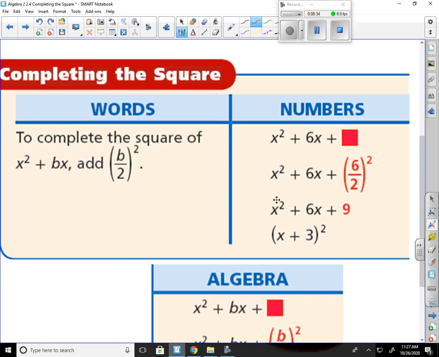Now the x squared is a perfect square. The 9 is a perfect square. I end up with x plus 3 squared. Now it's important to remember that sometimes people struggle to see this. Going from x squared plus 6x plus 9 to x plus 3 squared, whatever you get before you square it, this 6 over 2, that would be 3, is going to end up being the number that's down here.